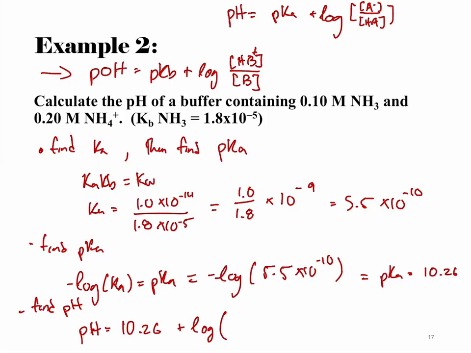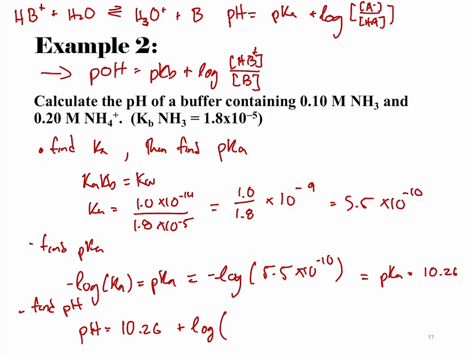So we're using our HB plus plus H2O goes to H3O plus plus B, right? So we just reversed our base equation, right? Our conjugate acid acts as an acid in this solution.